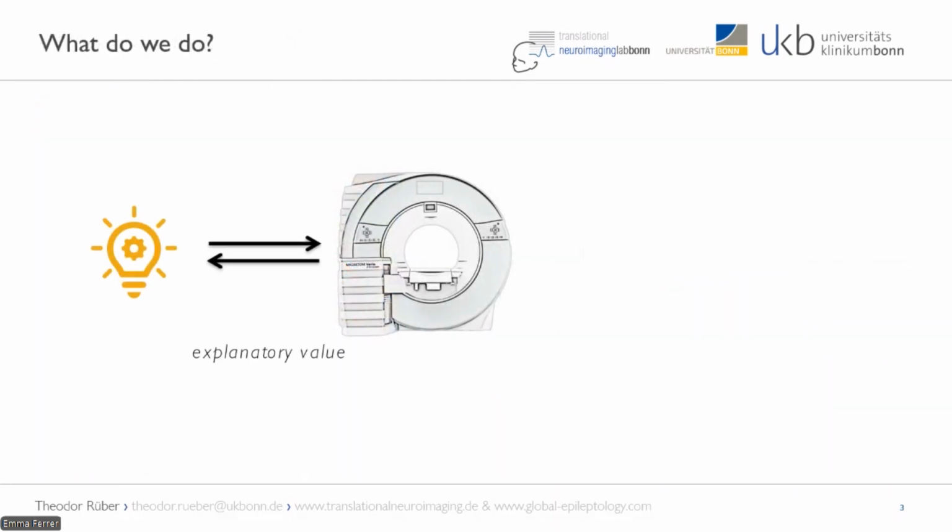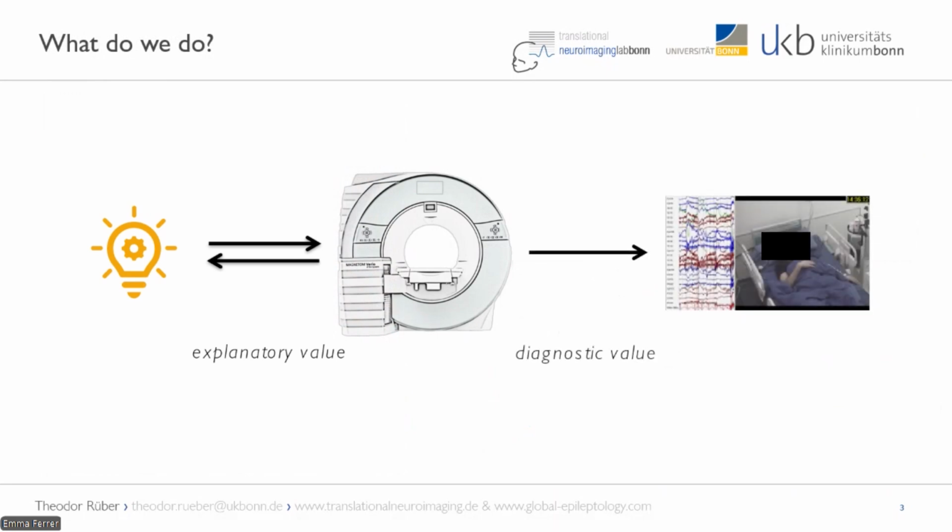And what do we do? So we use the scanner, first of all, as a powerful tool for neuroscience. And then second of all, we try to leverage this double role that MRI has as a powerful neuroscientific tool, and also as, of course, a unique diagnostic modality in clinical neurology.